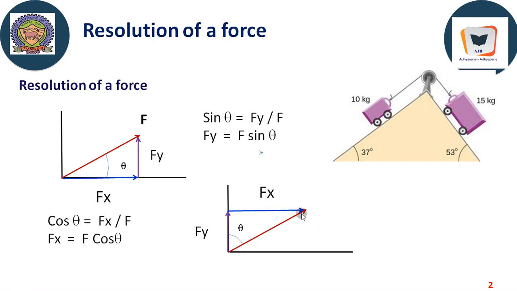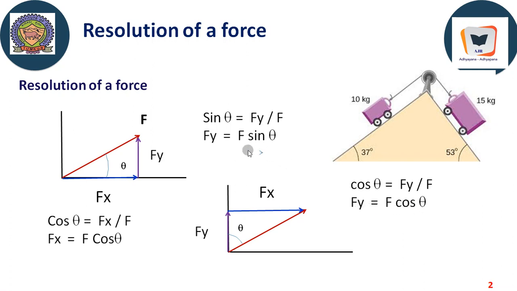Had we referred this force with respect to vertical, and here we have referred with respect to horizontal, the magnitude will change. Here if you take cos theta is Fy by F, that is adjacent by hypotenuse, we will get Fy equal to F cos theta.